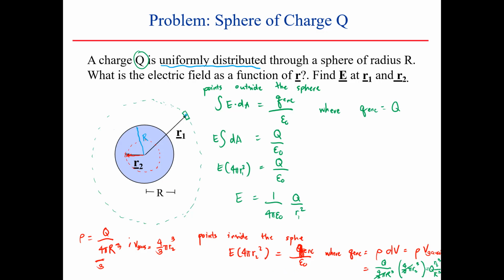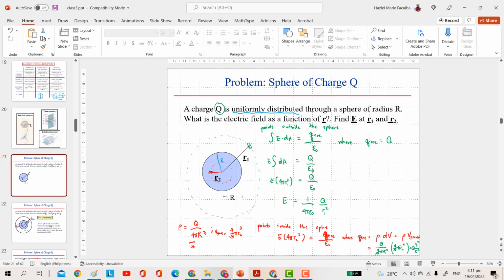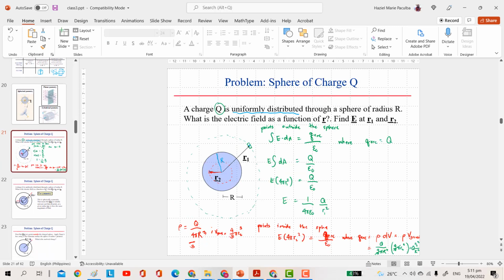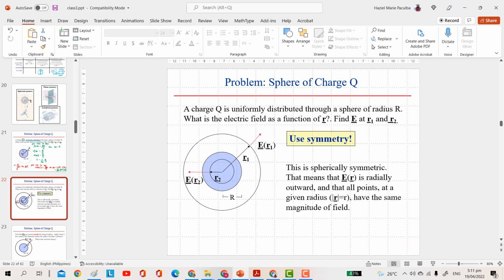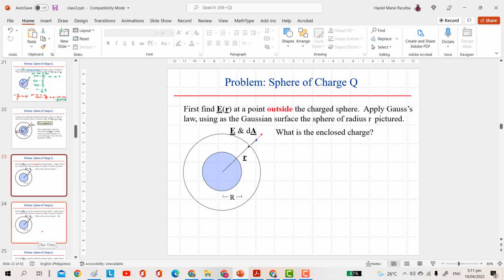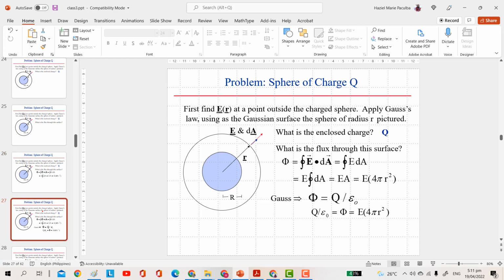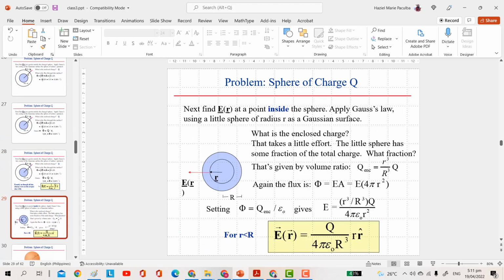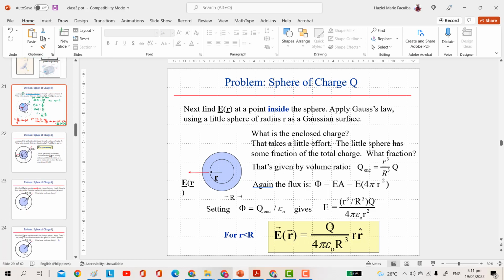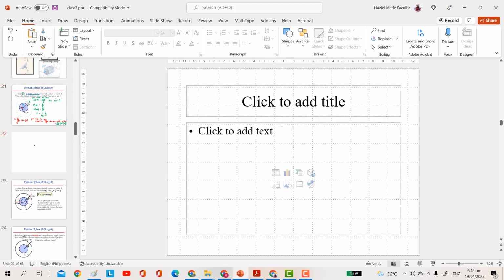So, we substitute this into our equation. Okay, so let us substitute this into our equation. So we have E multiplied by 4 pi R sub 2 squared is equal to Q enclosed over epsilon naught.